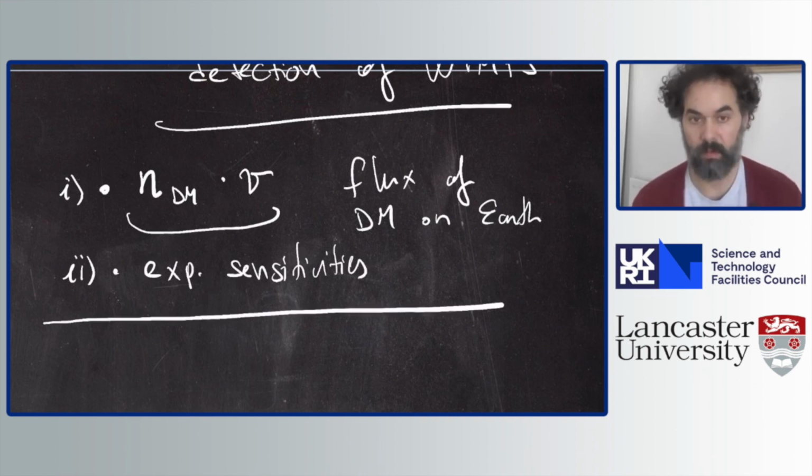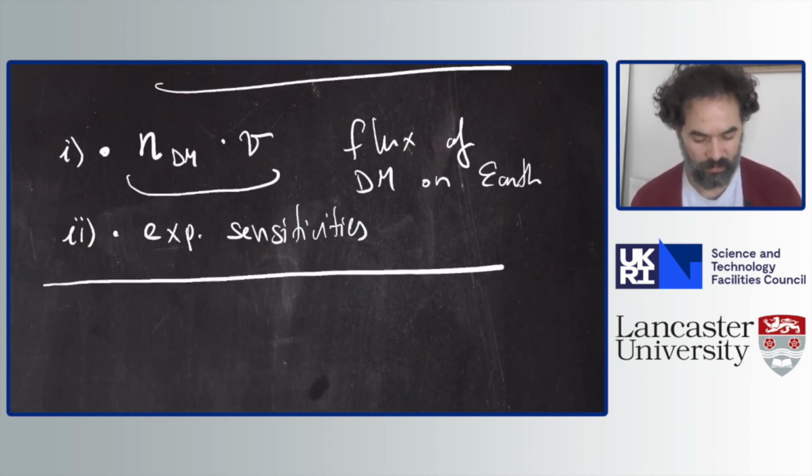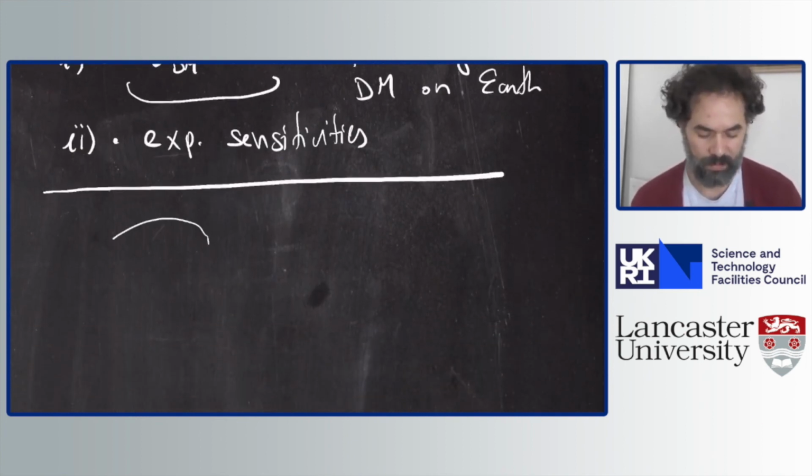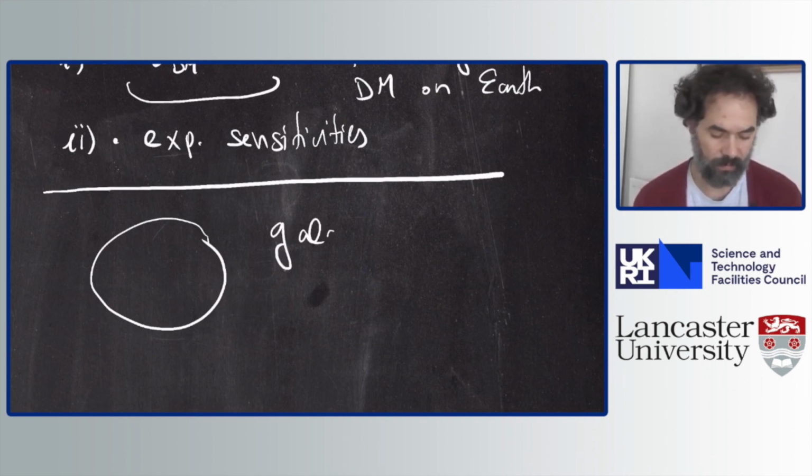So how do we know the number density of dark matter on Earth? Well, we have to explore a bit of the galaxy and its dynamics. So we have to explore galactic dynamics.